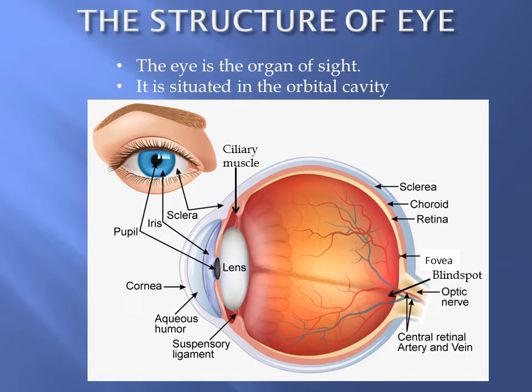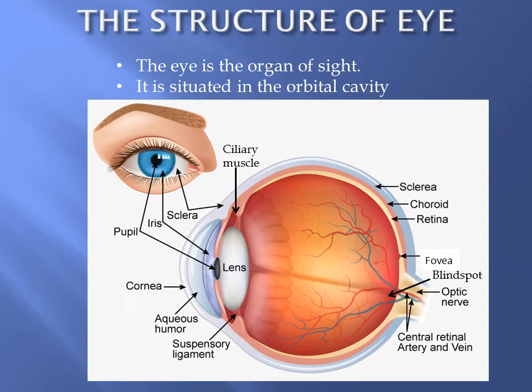So now let's see what the cornea is. Cornea is a transparent portion of the eye which allows light to enter, and it is made out of transparent tissues.